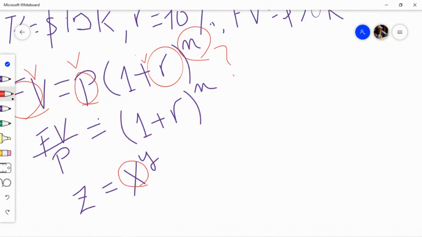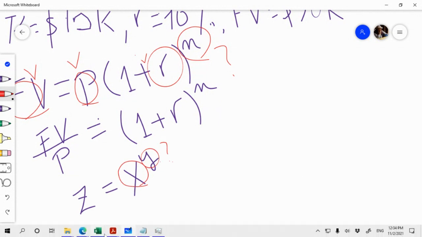But this time, the exponent is the question. When the exponent is the question, how do you solve for that? The only way you can solve for it is by utilizing the properties of logarithm, or log.